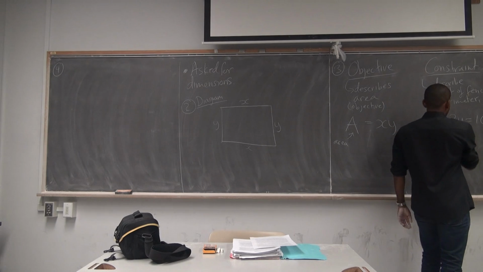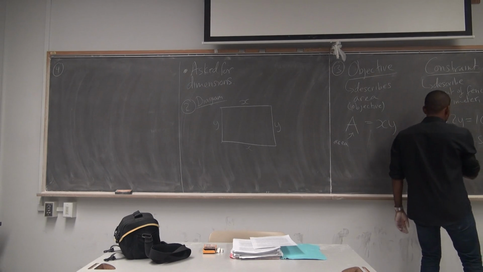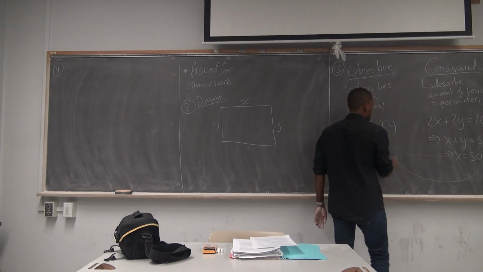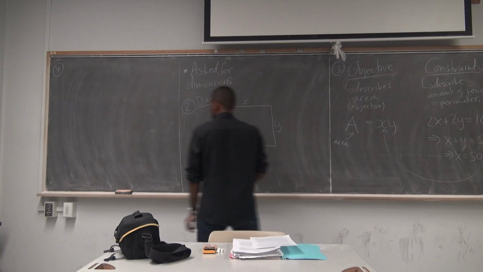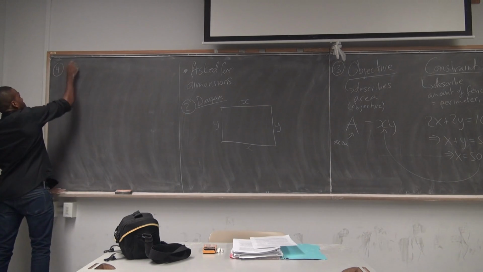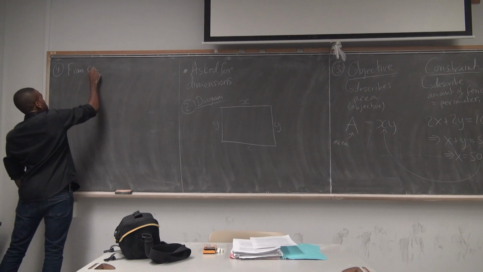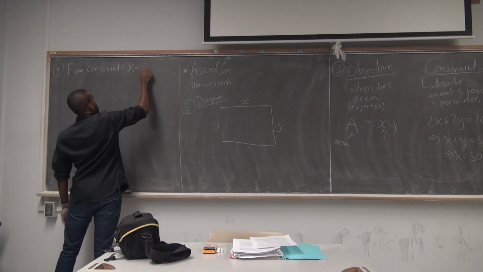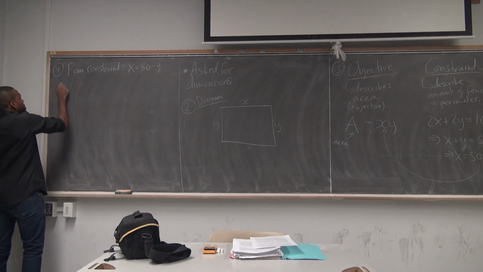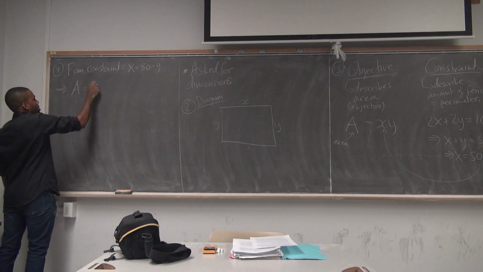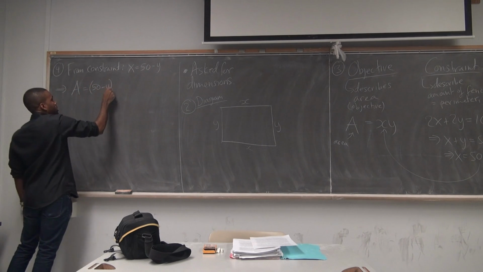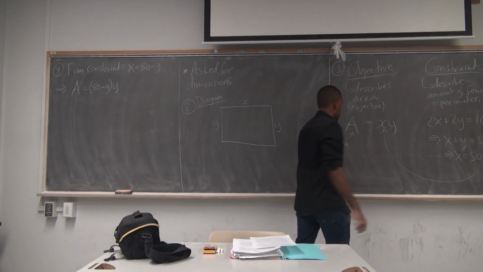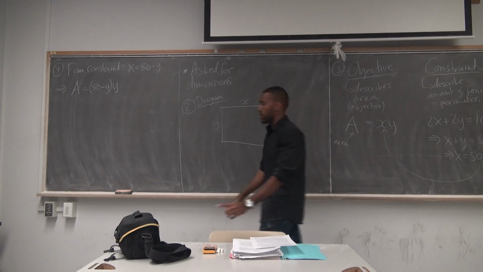So here notice that this is x plus y equals 50, which means that x is 50 minus y, and I'm going to take that and plug it in for the x here. So from the constraint, I know that my x is equal to 50 minus y. This means that my area is 50 minus y times y. Right? I just replace the x with that expression.